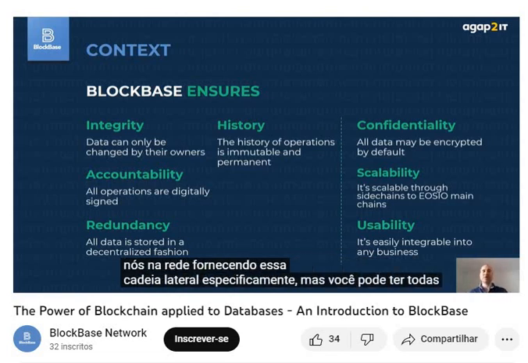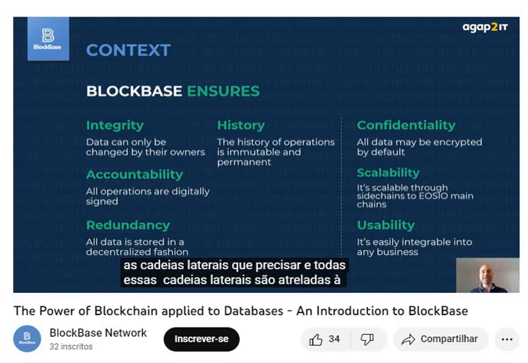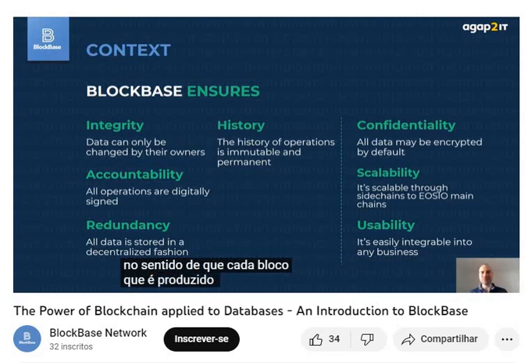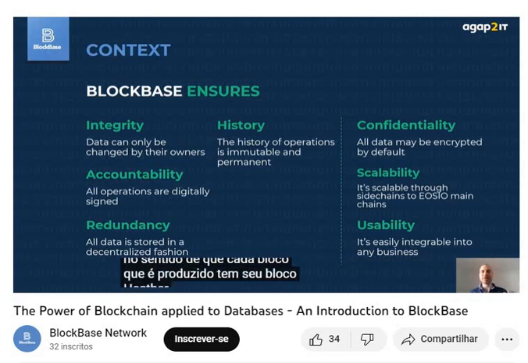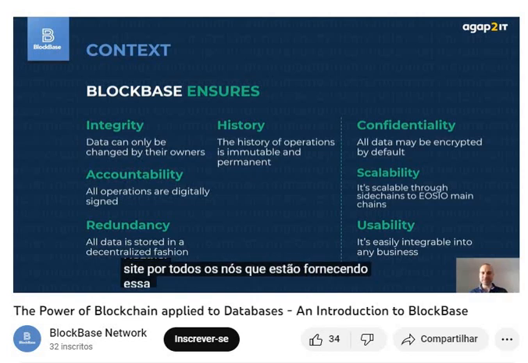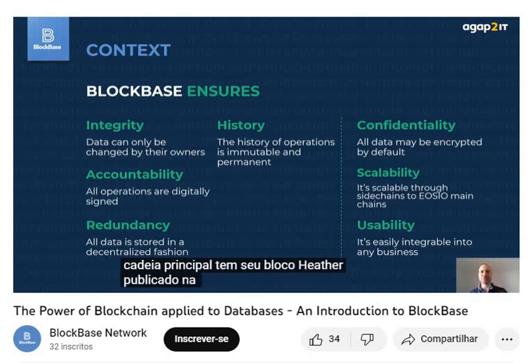But you can have as many sidechains as you need, and all those sidechains are pegged to the main chain in the sense that every block that is produced has its block header signed by all the nodes that are providing that sidechain and published on the main chain.